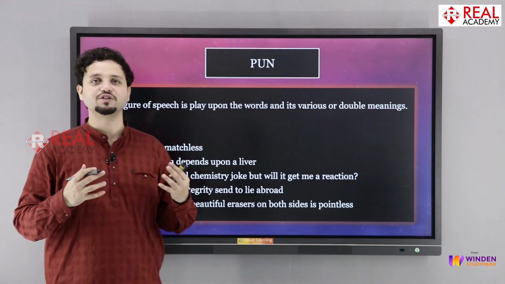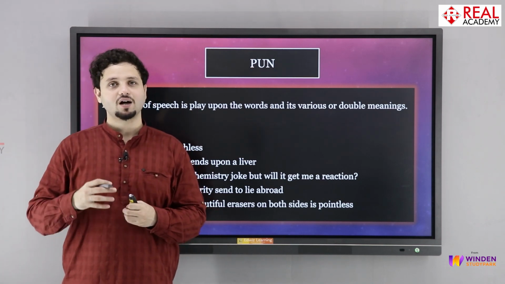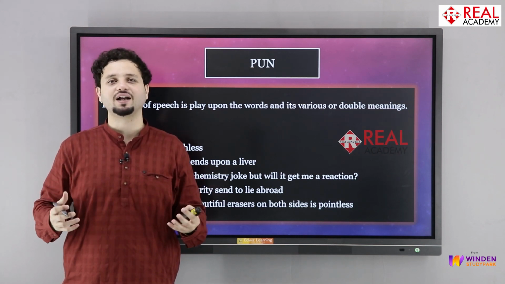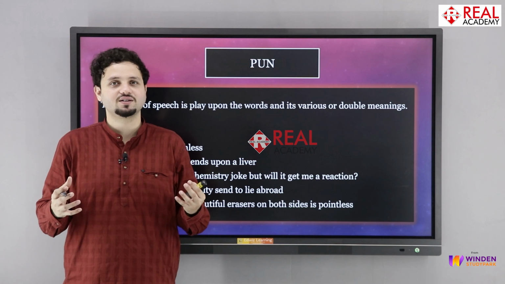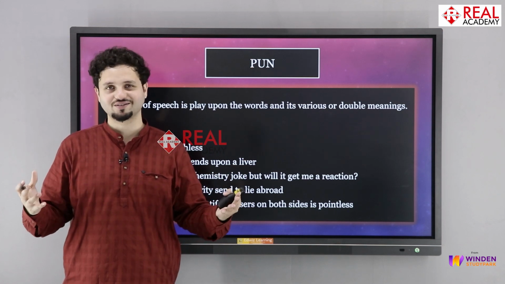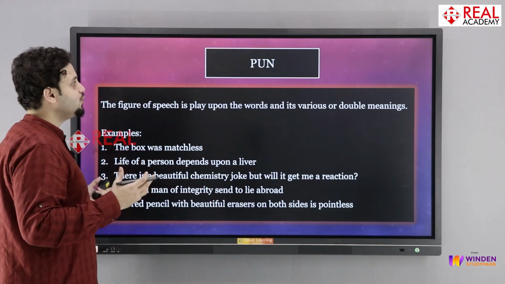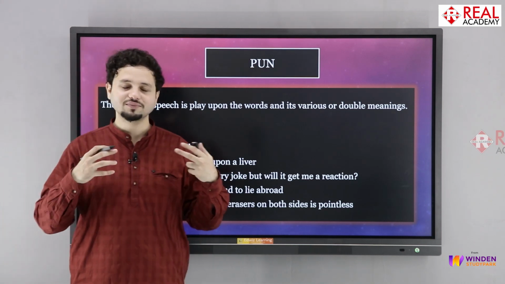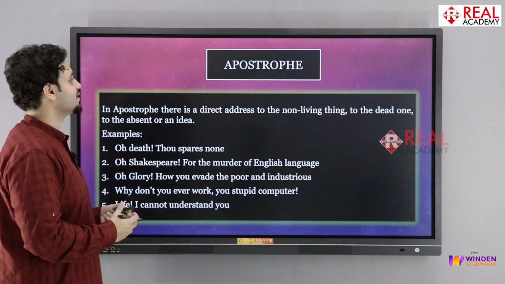Pointless has two different meanings. Pointless means without point, and another meaning is it is futile, fruitless, vain, of no use. So you can see and understand pun, double meaning, nothing else.